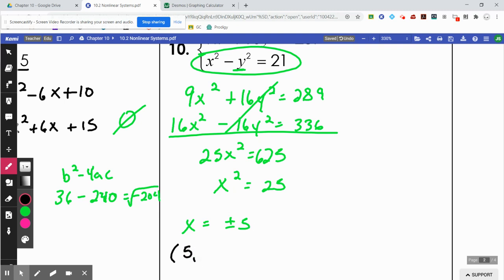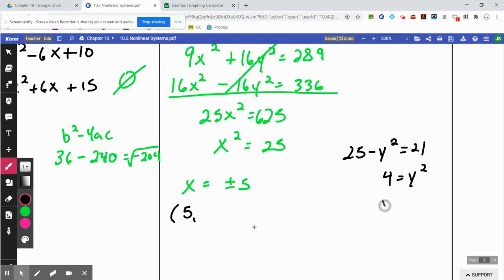So let's plug in 5, and that gives you 25 minus y squared is 21. I'm going to flip-flop my 21 and y squared, and that gives me y squared is equal to 4. So y is positive and -2. So therefore, when x is 5, then y is 2, or y could be negative 2.